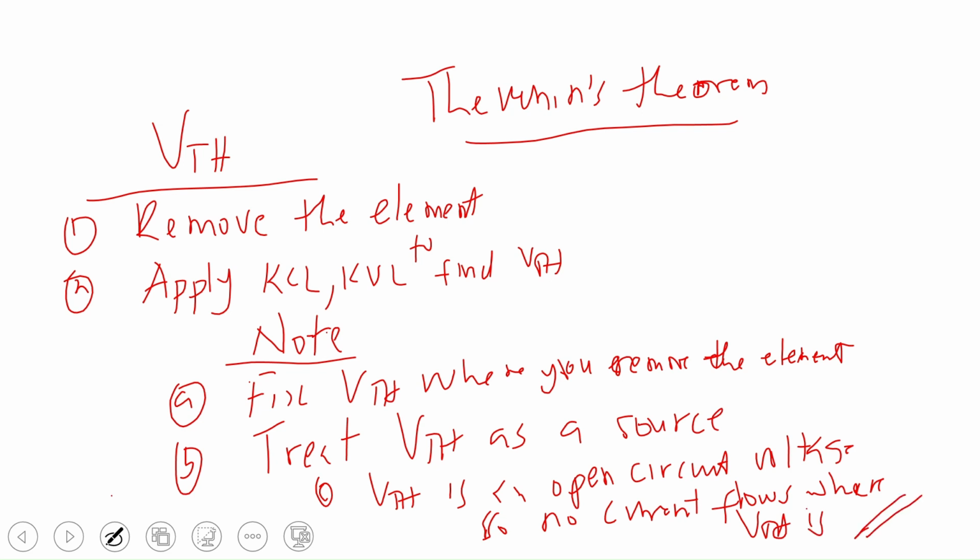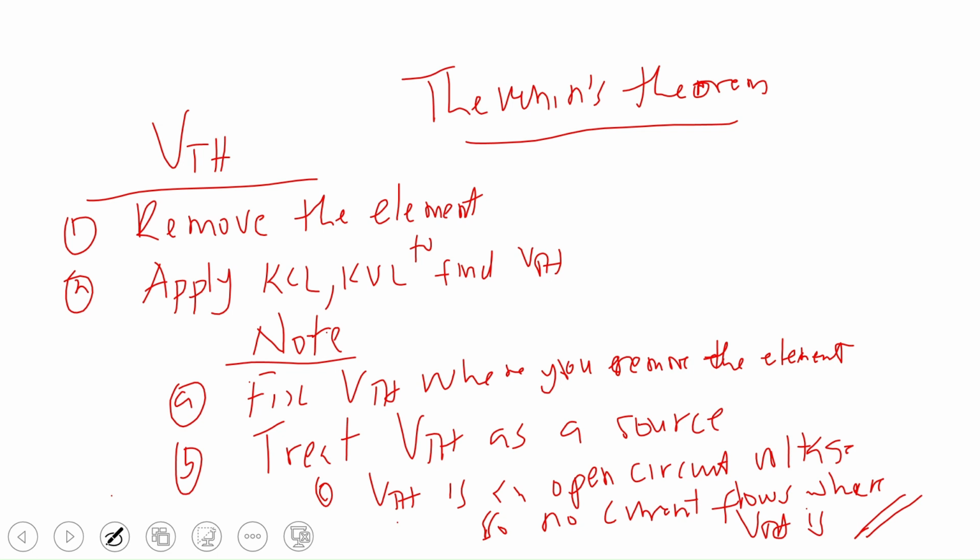And I want you to note this very well. See, VTH is an open circuit voltage because when you remove the element and you take a voltmeter, the voltmeter is going to measure the open circuit voltage. So you should know that because it's an open circuit voltage, no current passes where VTH is because the place is open. So don't forget that when you are finding VTH.